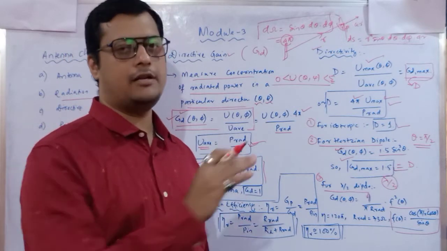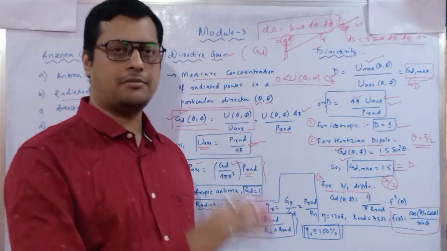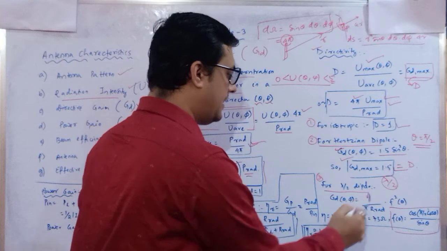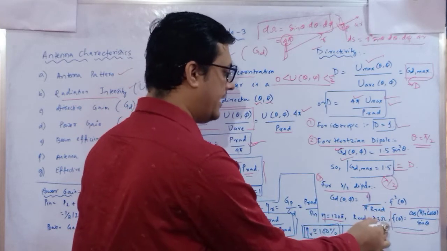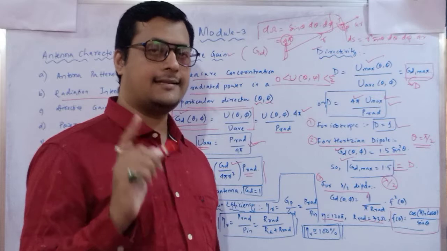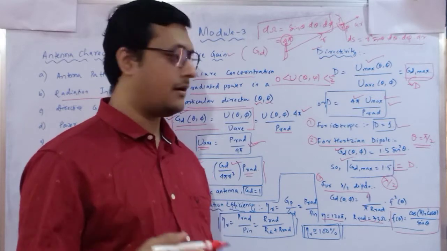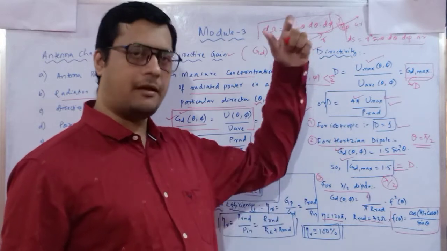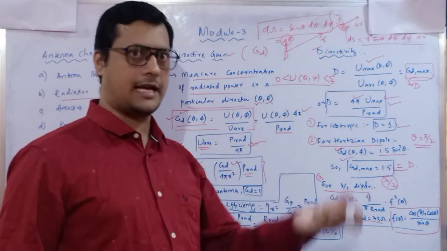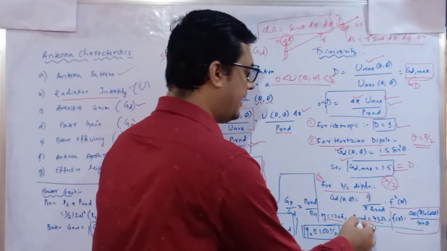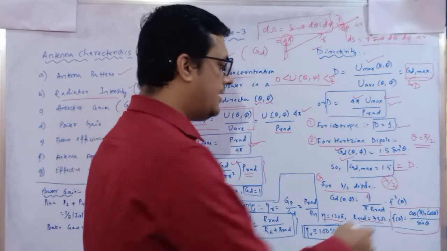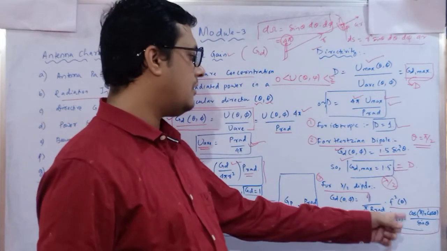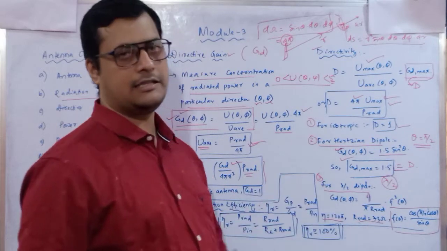For the time being, I am only representing the expression, substituting the values and determining the constant value. So what is the value of eta? The eta value is 125. What is the radiation resistance? One more thing: radiation resistance is different for different antennas. For the half wave dipole, it is 73 ohm. For the Hertzian dipole, it may be different. For the quarter wave dipole, it may be different. Calculations are there. So here the radiation resistance is 73, and F of theta is equal to cos of pi by 2 cos theta over sin theta. So you have to put this value over here and determine GD of theta.